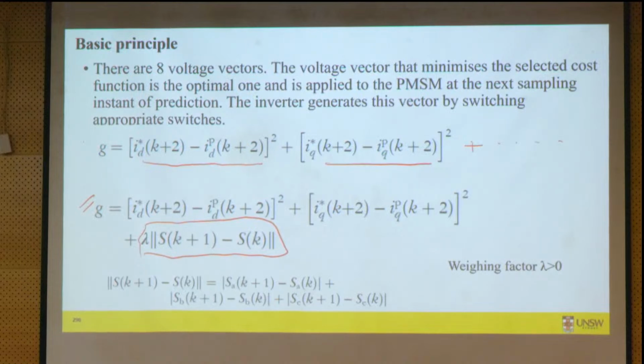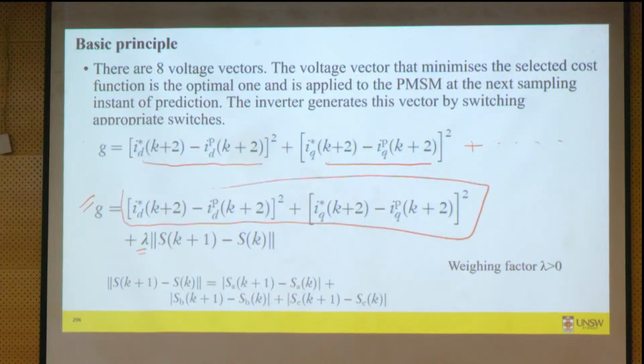The issue here is that when we have two separate cost functions as a summation, we have to provide some kind of weighing to the two of them. This one is for the current part, and this one is for, let's say, your switching part. So there is a weighing factor. Which one do we want to prioritize? Do we want to prioritize current prediction, or do we want to prioritize the switching? How do we decide this weighing factor?